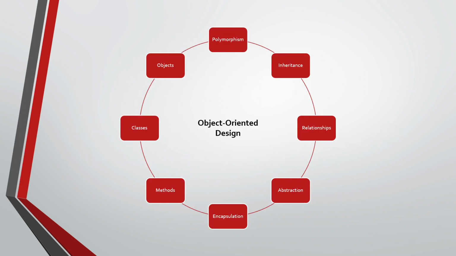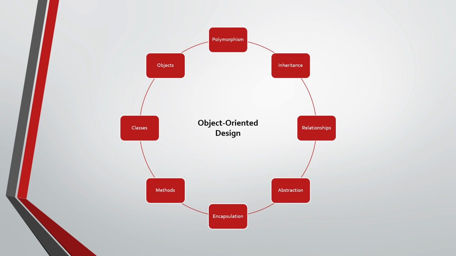A software engineer that wants to understand the object-oriented design methods first has to understand several concepts. First, we have objects that are entities involved in software design. Next are classes that are a generalized description of the object.